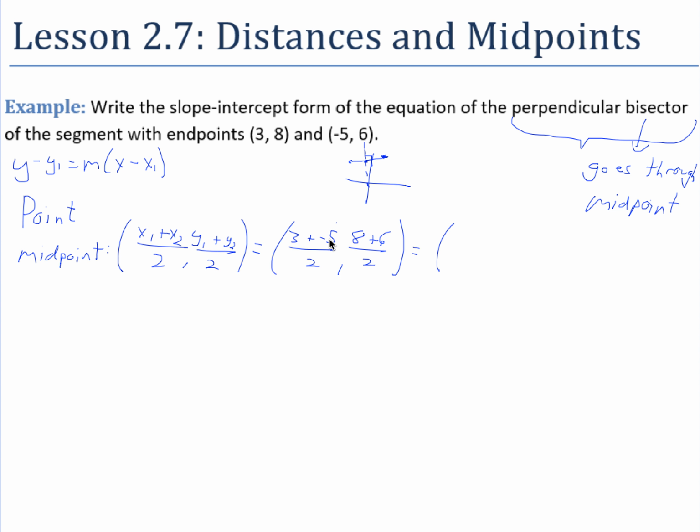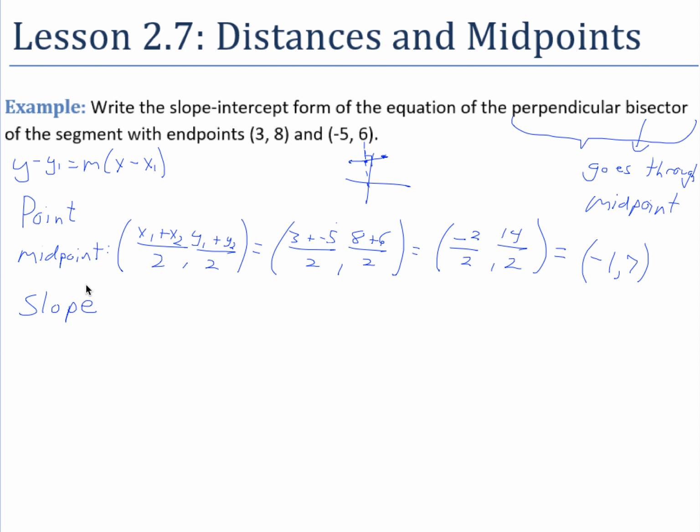So 3 plus negative 5 is negative 2 over 2, and 8 plus 6 is 14 over 2. And so the midpoint is negative 1, 7. So we have our point that it passes through, so we'll be able to put that in here. And now we need to know the slope.